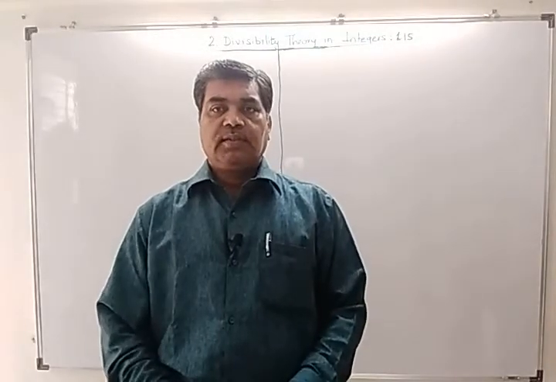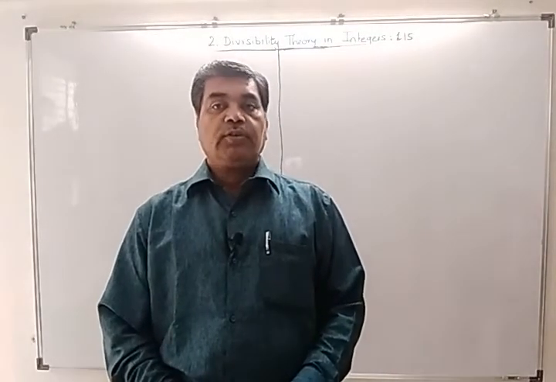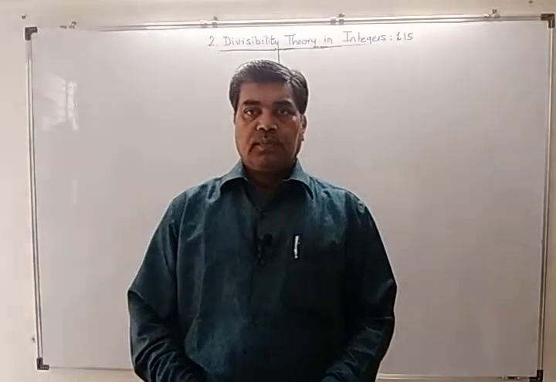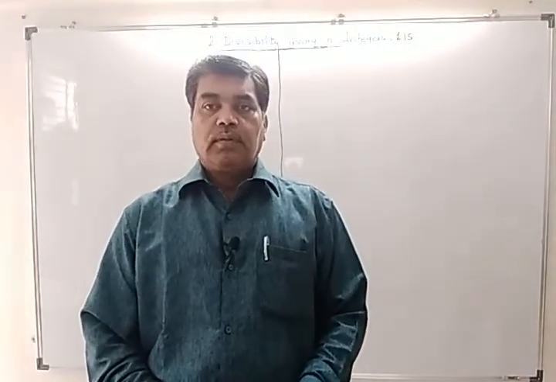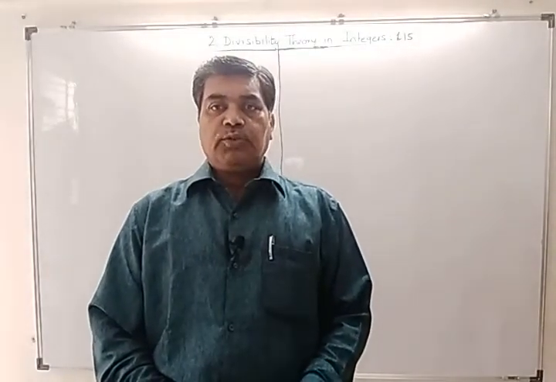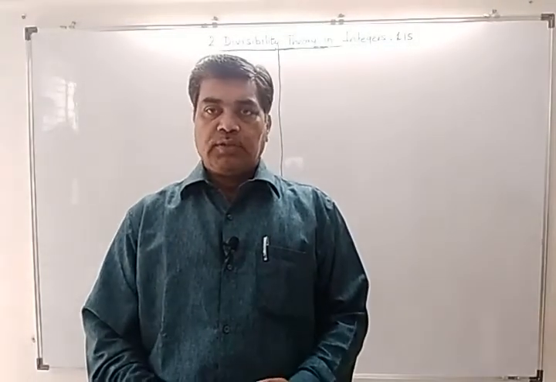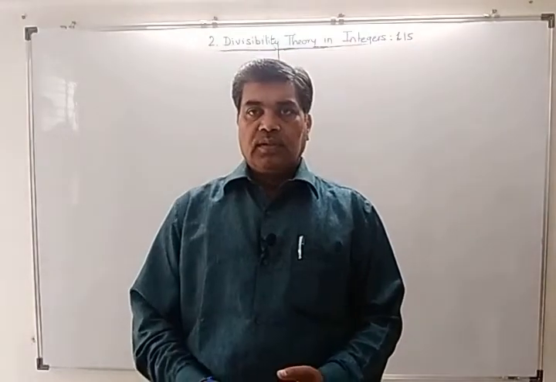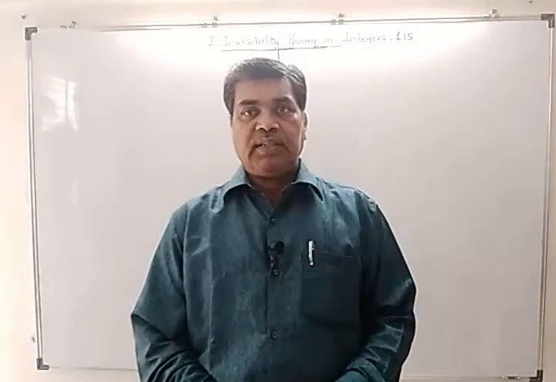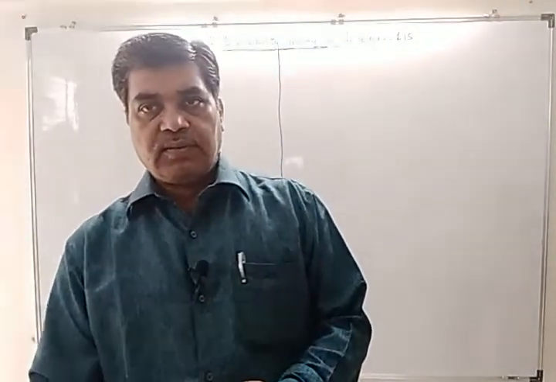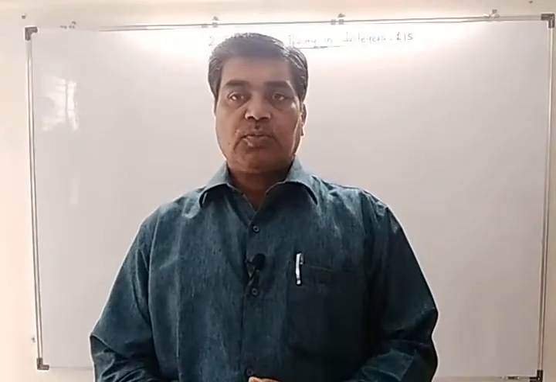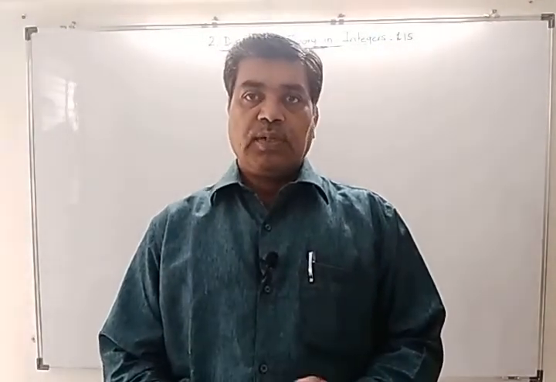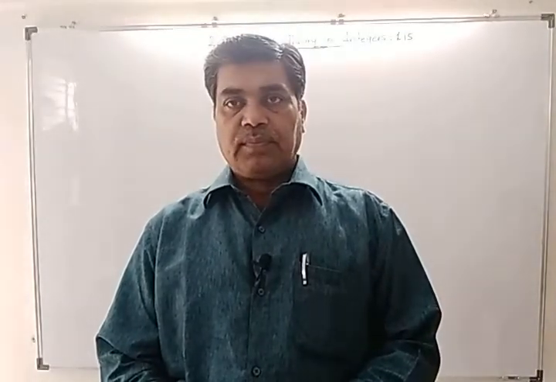Hello friends, in the previous lecture we have studied the Euclidean algorithm by repeated use of the division algorithm. If we have two non-zero integers a and b, then dividing the larger integer in absolute value by the integer with smaller absolute value, we will get some quotient and remainder.